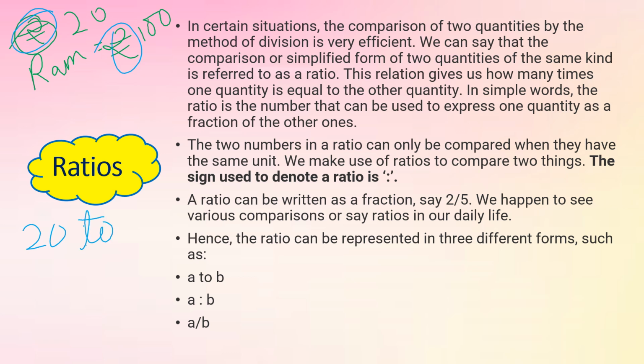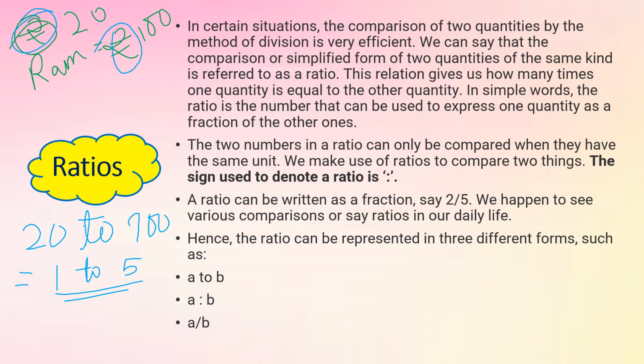Rupees 20 to rupees 100 is not in simplified form. I can divide them further, so this will be 1 and this will be 5. Now I can say that this is in simplified form.